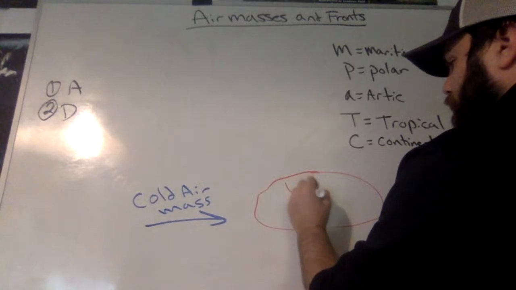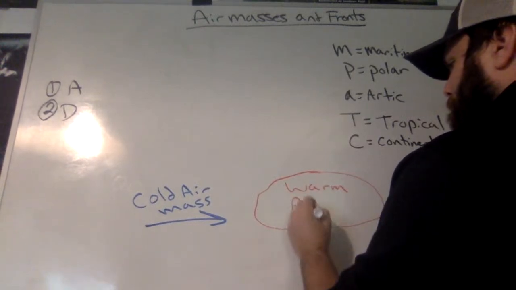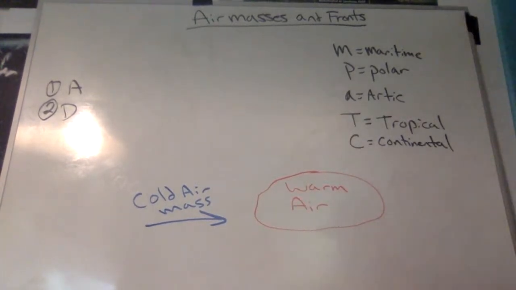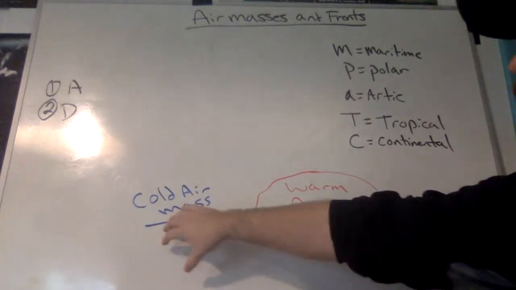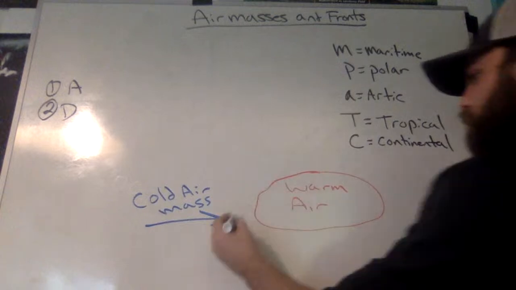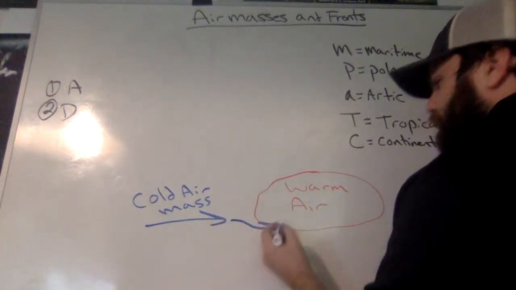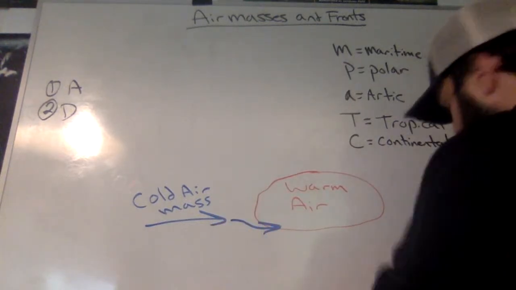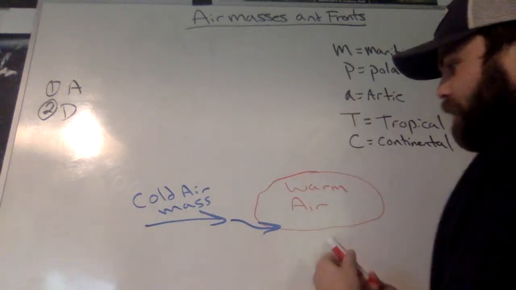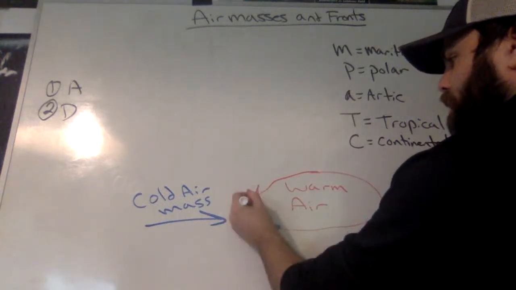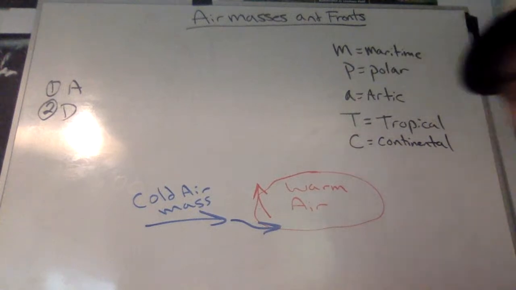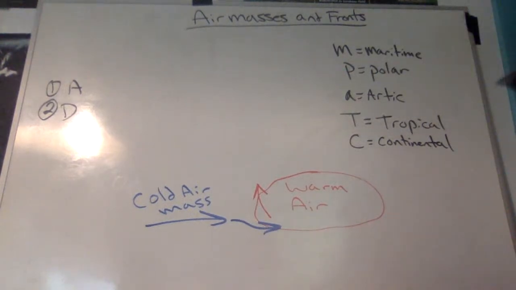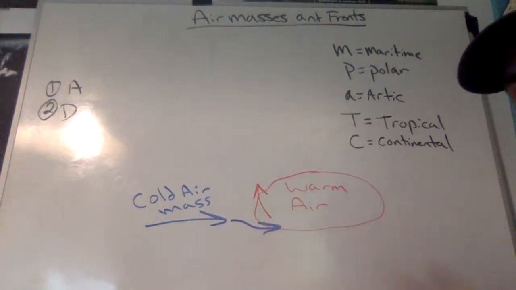The cold air mass is going to sink underneath the warm air mass, but the warm air mass is going to rise, because remember, warm air rises and expands. Cold air is going to sink.